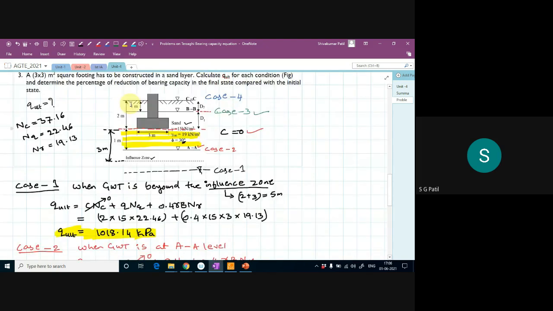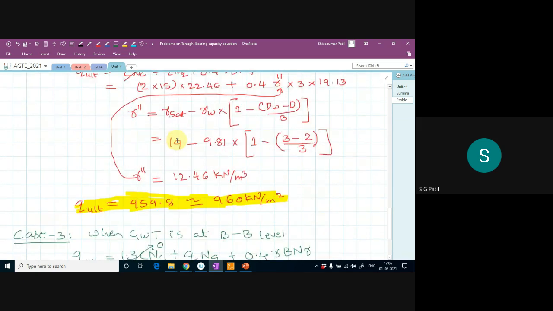See, this much soil is in dry condition. From the water table, above that up to 1 meter, it's a dry case, so I have to take the bulk unit weight. From the 1 meter up to the level of footing, it's a saturated condition, so there I have to take the submerged unit weight.